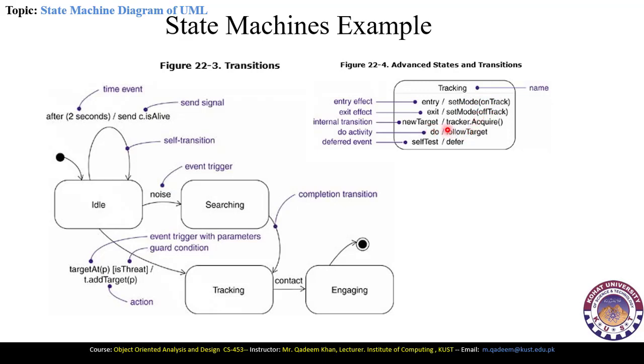And if there is a new target, then tracker.acquire. If the target is changing its place or position, then the tracker.acquire function will be called here. And if there is certain activity, do follow target. So follow target will be called here. Self test defer means that the test will be deferred here. So this is the example of the state machines here.